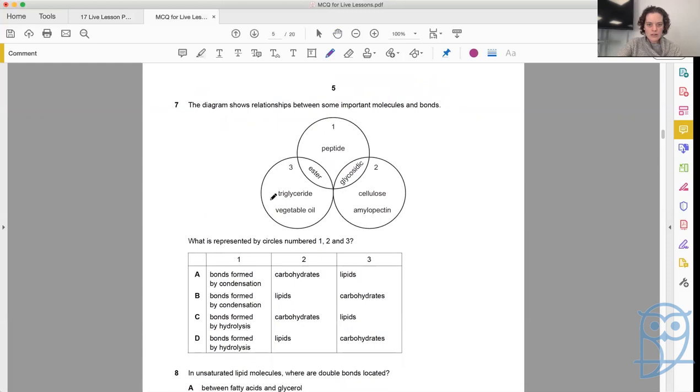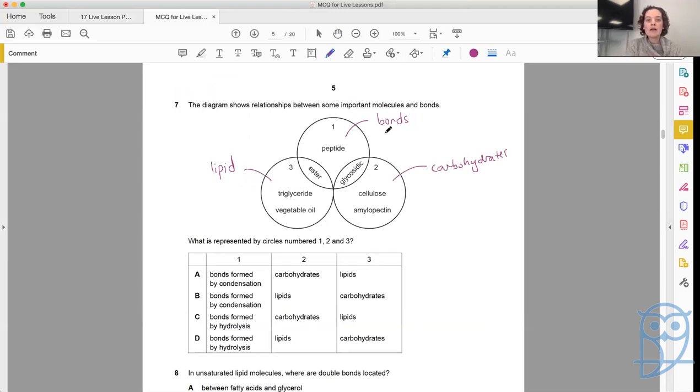So in 3, these are lipids, and this is the bond for a lipid. Makes sense? Here, cellulose and amylopectin, both of these are carbohydrates. Glycosidic is the bond for carbohydrates. Peptide, ester, glycosidic, these are all bonds. You can spell bonds, it helps.